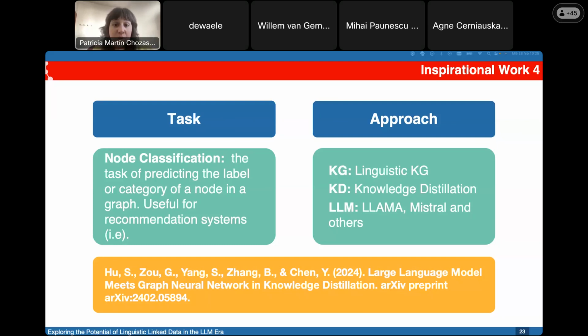But I wanted to mention this approach because in this case, they use a linguistic knowledge graph to produce something that is involved in the technique of knowledge distillation. And in this approach, the authors compare the approach in several LLMs, Llama, Mistral, and others.